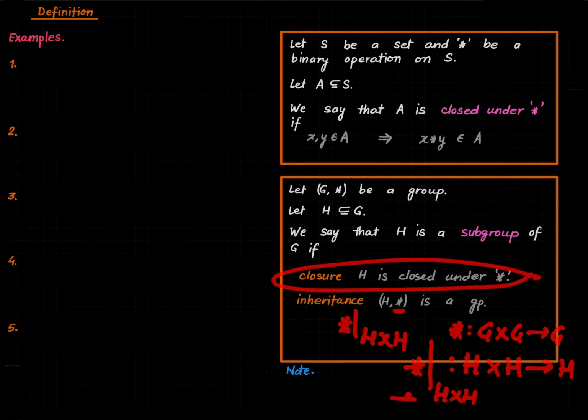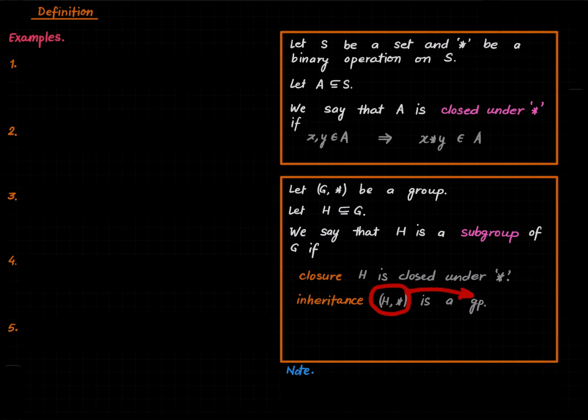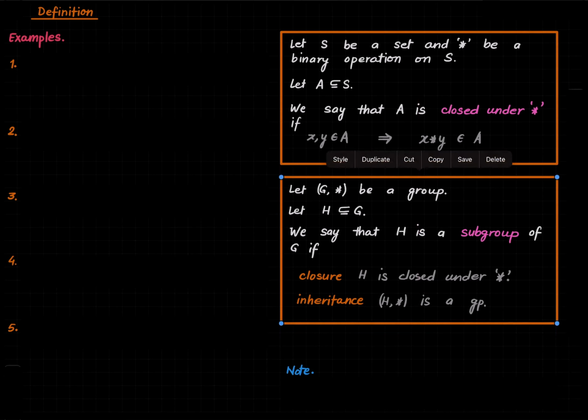It's an unnecessary burden. Okay, so I hope you understand what this means. So this thing is a group, is part of the definition of H being a subgroup. Natural, everything is very natural. We are not making any convoluted or controversial points.